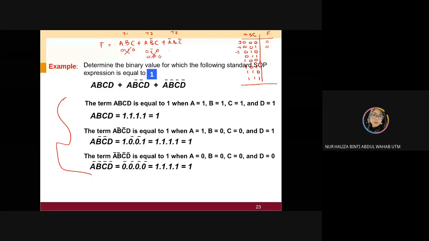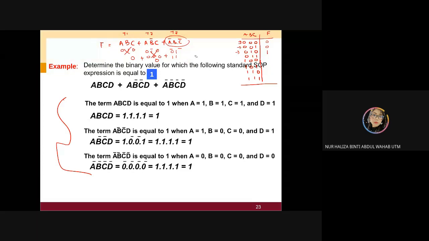And this one, I will get 0 bar, 1, 0 bar, so I will get 1, 1, 1. Oh, it's minterm 3. That's why I get 1 over here, because this one is 1 plus this one is 0 and this one is 0. My F is still 1. So that's why I get 1 here.